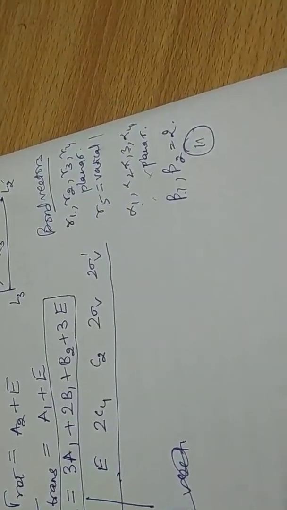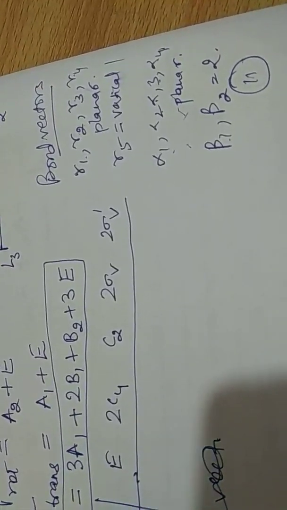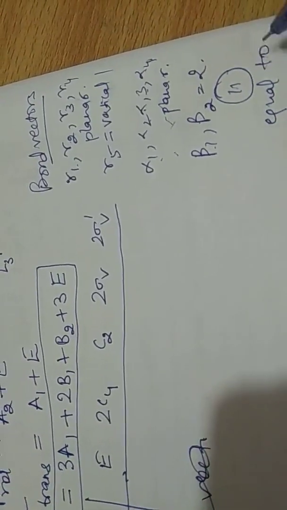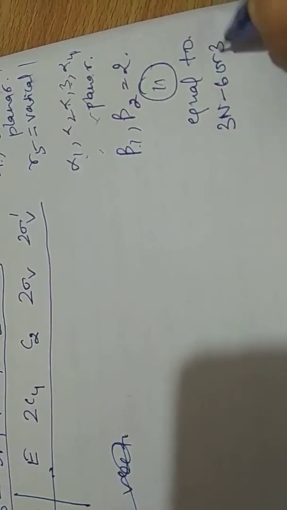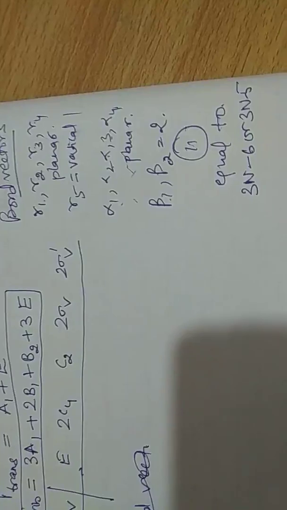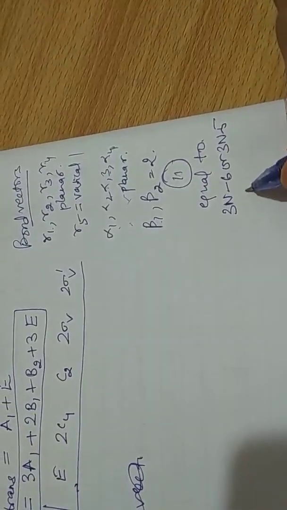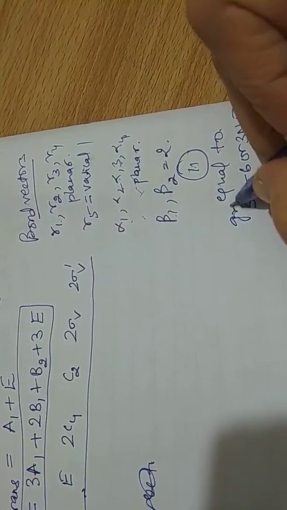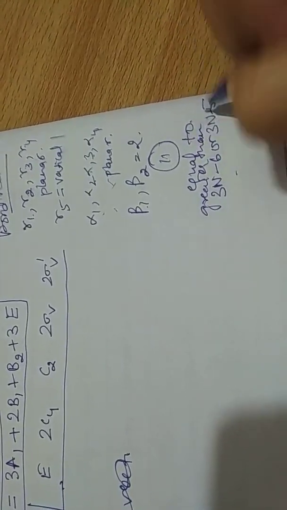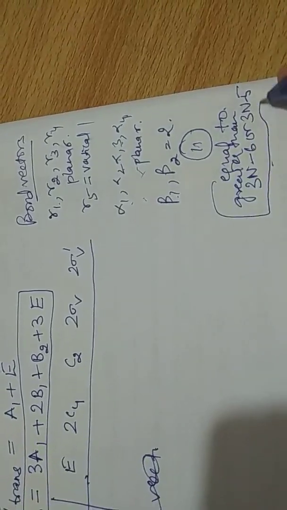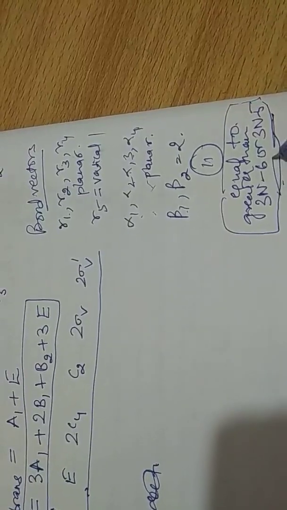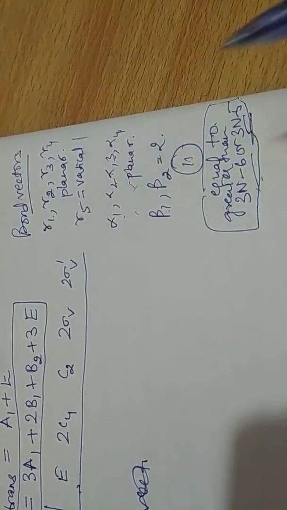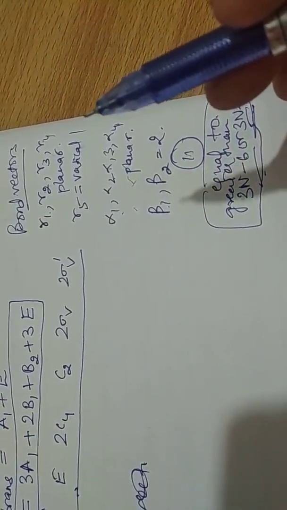Generally, the number of internal coordinates should be either equal to 3n minus 6 or 3n minus 5, depending on the molecule. So we should always check whether these are equal to or greater than. Generally, whenever you calculate, the internal coordinates should come either equal to or greater than 3n minus 6 or 3n minus 5. Now here how many atoms are you having? 1, 2, 3, 4, 5, 6.